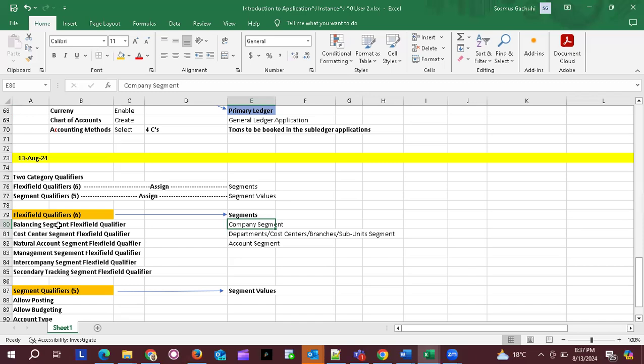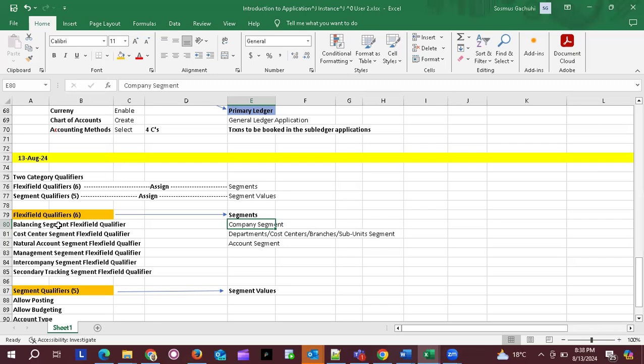So what is the balancing segment for the three of them? Let's use the three of them. You can answer that question like, to which segment is the balancing segment Flexfield qualifier assigned?